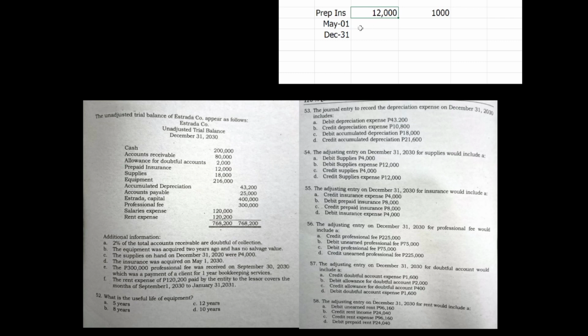So, paano natin malalaman kung ilang months yung na-incur na natin or nagamit na natin? So, we'll start from May 1 to December 31. So, that is May, June, July, August, September, October, November, December. That is 8 months. Ibig sabihin, 8 months is na-expense na. Okay?